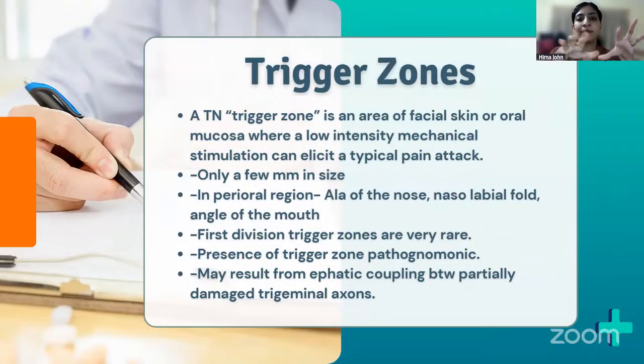So this is the particular area where trigger zones are usually commonly found. Okay. So in the perioral area, this is what I said, alar of the nose, nasolabial fold, angle of the mouth is where it is usually found. Now, 1st division trigger zones are usually rare, but the presence of trigger zones is a very, very definitive diagnostic sign for trigeminal neuralgia.